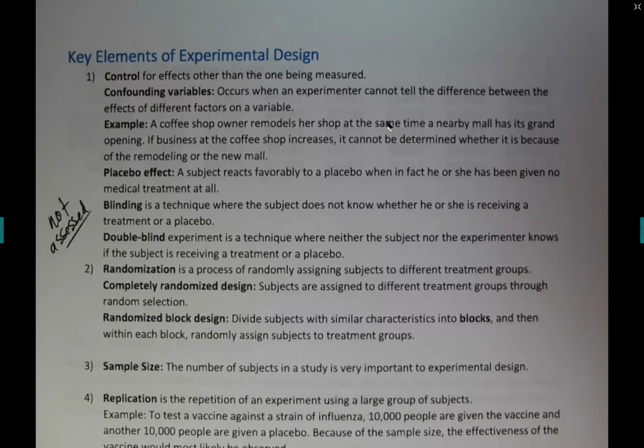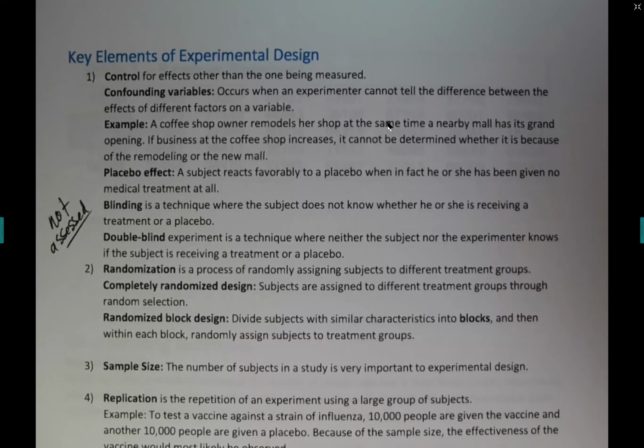For example, I'm going to give you this example, and this is called a confounding variable. If a coffee shop owner remodels her shop because she or he wants to generate more business and profit as a result of remodeling. But at the same time, a nearby mall has its grand opening.